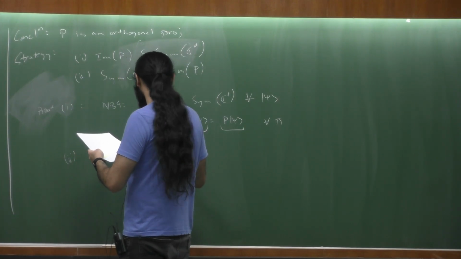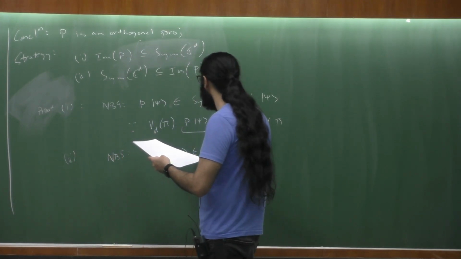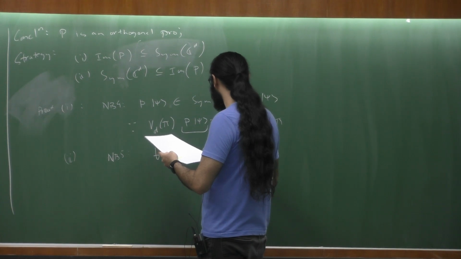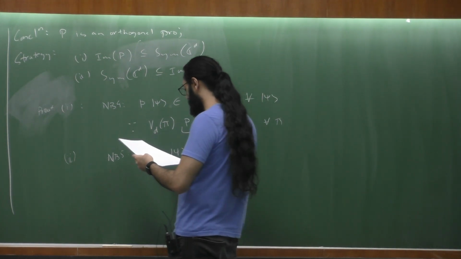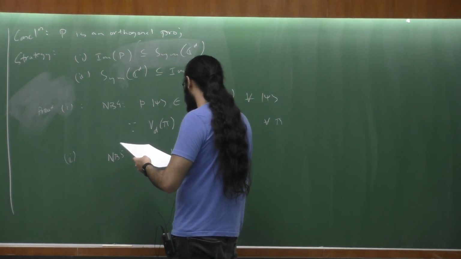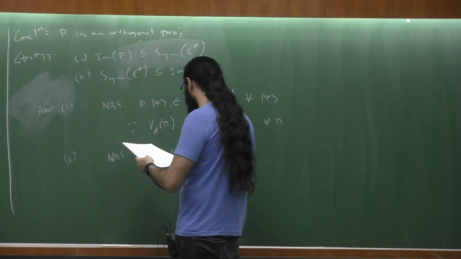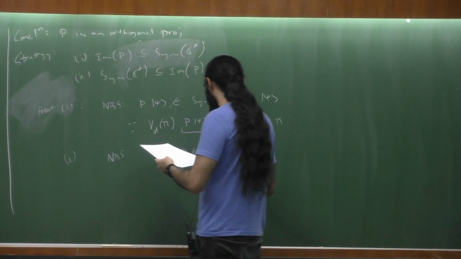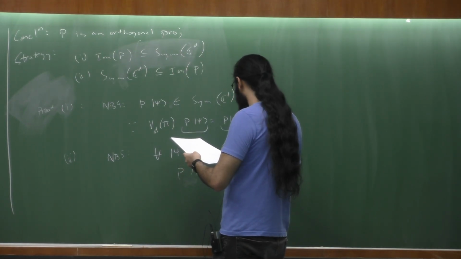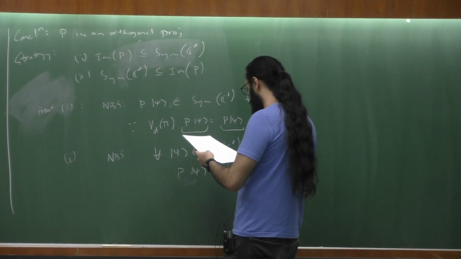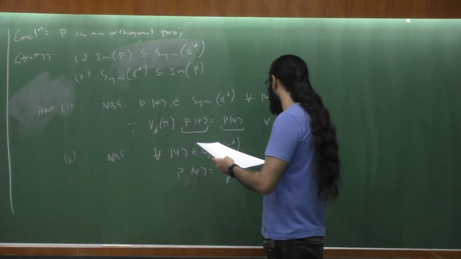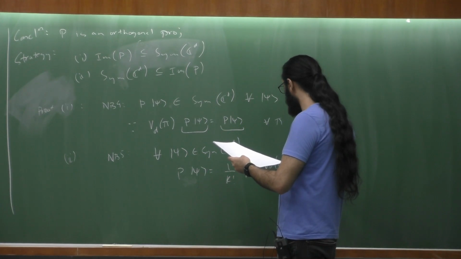So you take any psi which is in the symmetric subspace, right? And then you apply P symmetric, or just P because I'm just writing P. You get 1 by k factorial, sum over the permutations, V_d pi acting on psi.